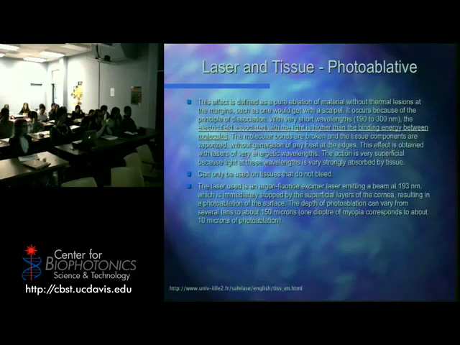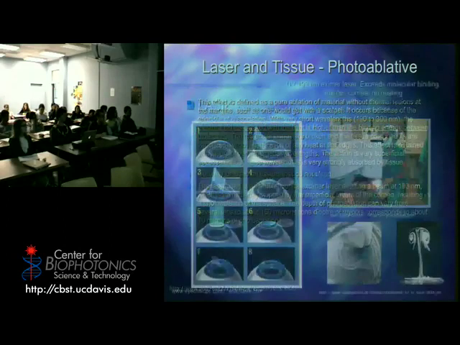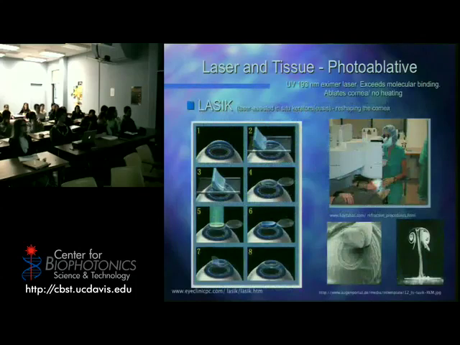Now, why might that matter? Well, let's say we want to reshape your cornea. Many of you wear glasses.